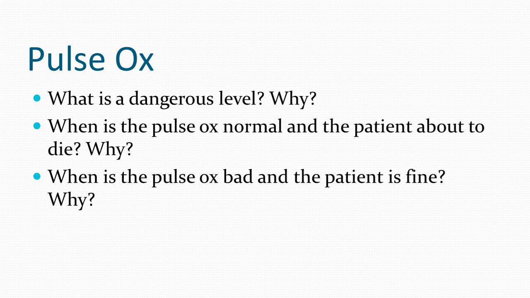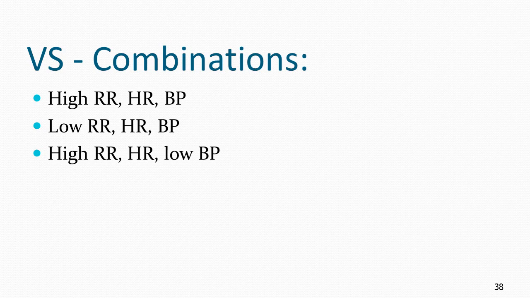With pulse oximetry, one has to understand the dangerous levels in terms of pH, CO2 and O2 levels, and then examine the patient and see the progression after respiratory therapy or further management. There can be various combinations: high respiratory rate, heart rate and BP; low respiratory rate, heart rate and BP; and high respiratory rate and heart rate with a low blood pressure. So one has to make the differentials accordingly.